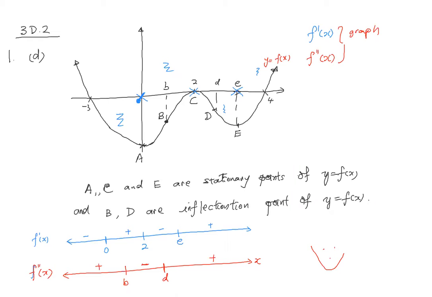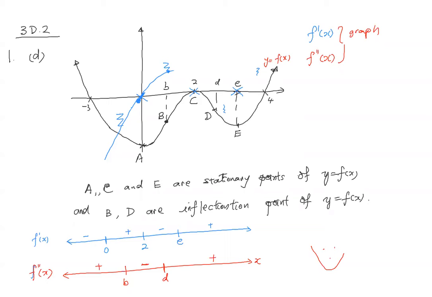So now I know that for x less than B, my f prime x is going up because f double prime is positive. So now I can start to draw going up until B, stop. So logic, positive. Below the x-axis here, go above the x-axis, still going up until here, stop.